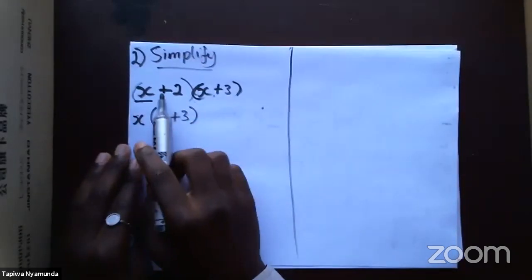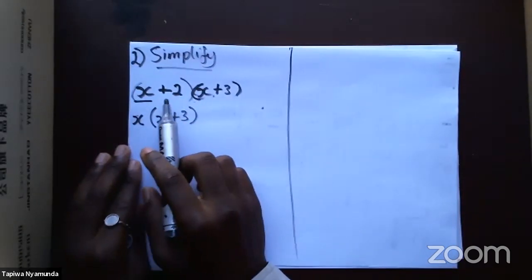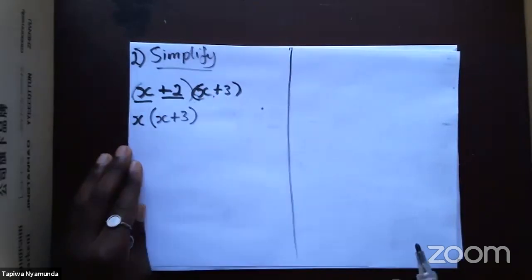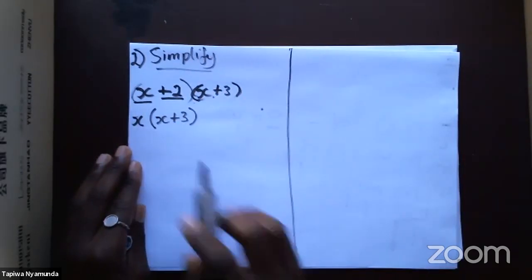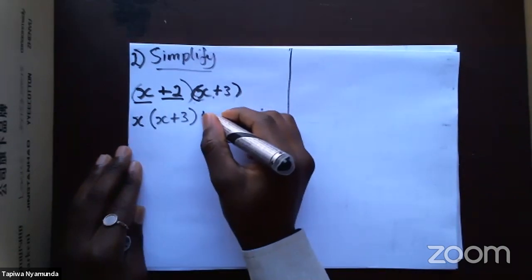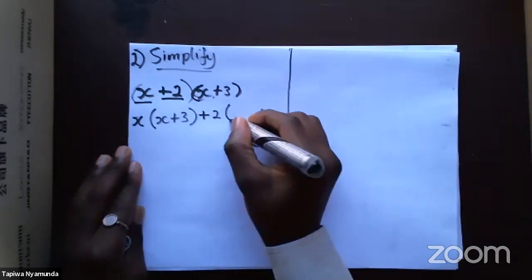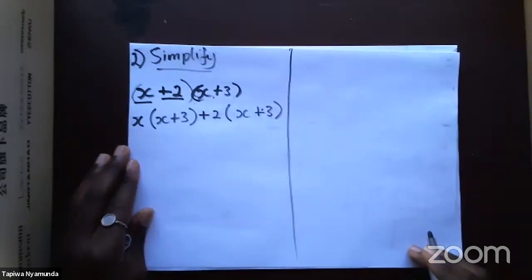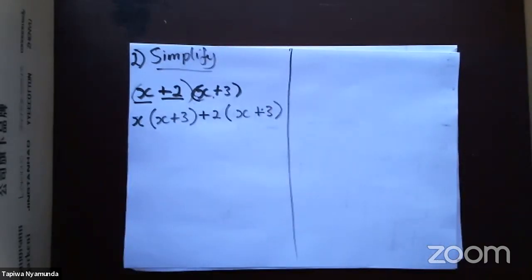Then we have this guy. The thing with this guy is he checks with him the sign. So we're going to say plus 2, plus, like that. Okay? When we do that, what am I going to get?